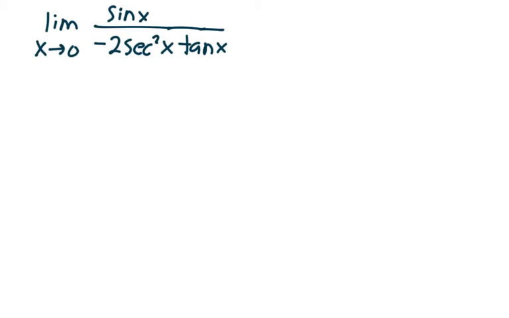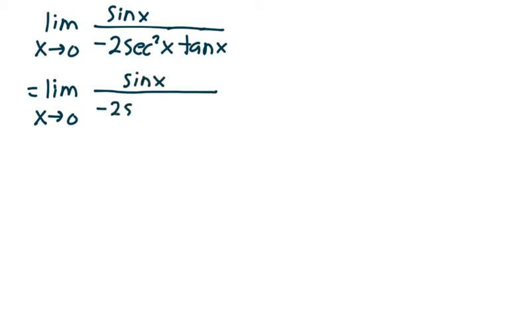Now, what I would do, I would not do L'Hopital's rule on this line because that could get a little complicated. I would write tangent x as sine x over cosine x. So we have the limit as x goes to 0 of, now we leave the numerator alone, and I'm going to write the denominator as negative 2 secant squared x times sine x divided by cosine x.